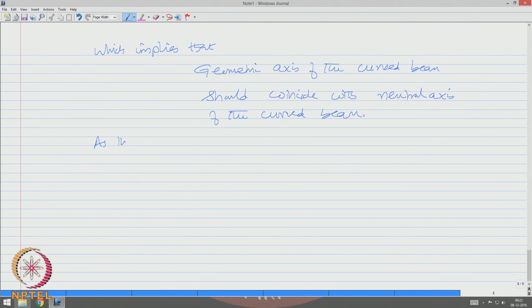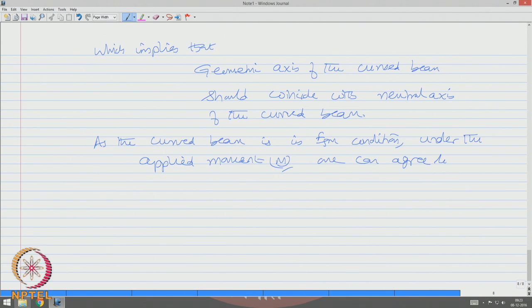Further, as the curved beam is in equilibrium condition under the applied moment M, one can agree to state that integral sigma y dA should be equal to this moment.